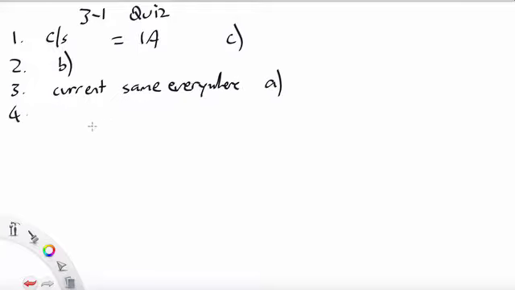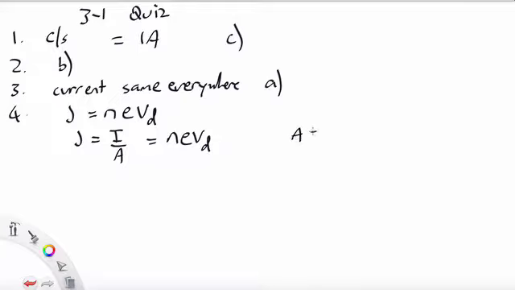And 4, we have current density equals number of charges per unit volume times the charge times their drift velocity. Now, remembering that current density equals current per unit area is N times E times V, and they say that it is a unit area, so we're counting that as 1.